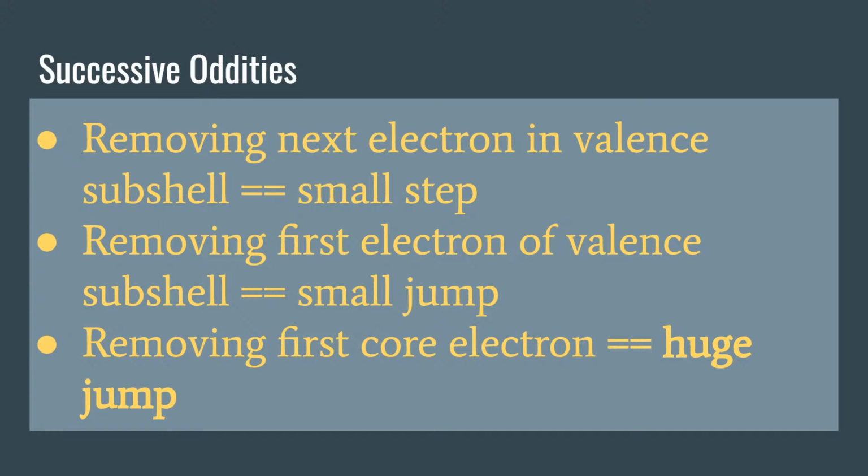Removing the first electron of the next subshell, you're going to see a small jump. You also see a small jump with the half-full subshell. But what they're definitely going to test you on, very, very probably, is removing the first core electron. That is where you see a huge increase in your ionization energies.